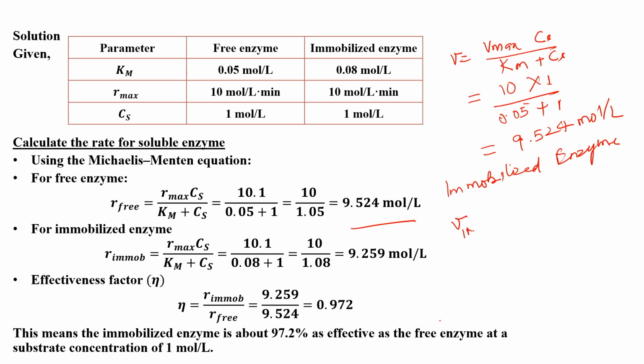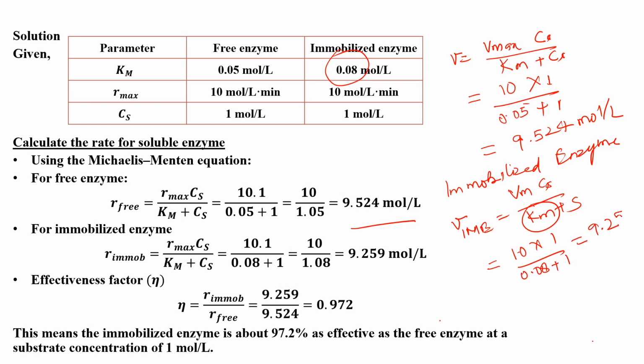Now, in the case of immobilized enzyme, the formula will remain the same, V max Cs divided by Km plus Cs. Here the Km value has increased to 0.08. So, this will be 10 into 1 divided by 0.08 plus 1, which is equal to 9.259.